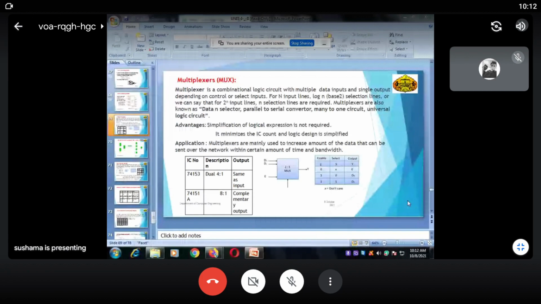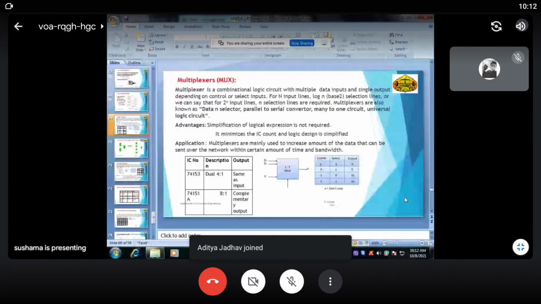Is there any difficulty? See, what is my question? Multiplexer in first year.